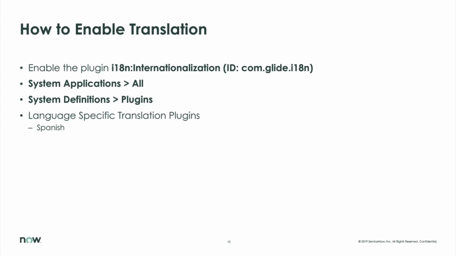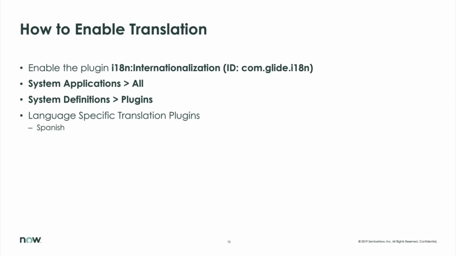It'll enable it, and then you have to enable the language-specific plugins. So in today's demo, I had already enabled the Spanish plugin to cut down on some time, because you don't want to watch that install. So you'll want to install the internationalization plugin and whatever languages you need.